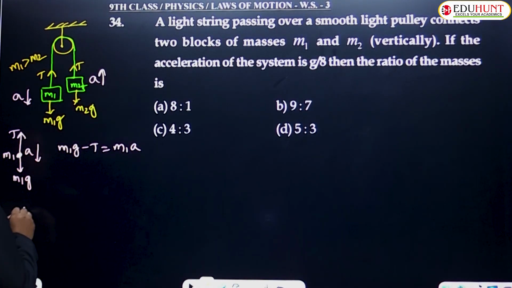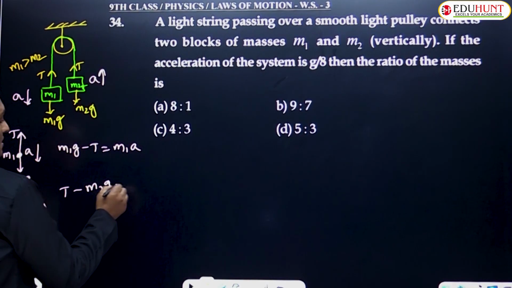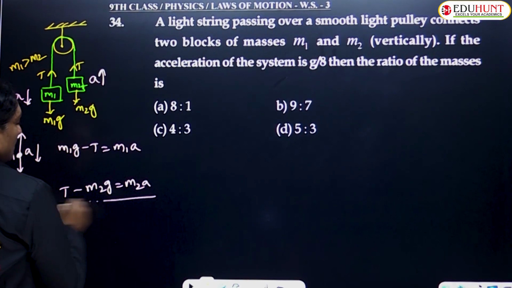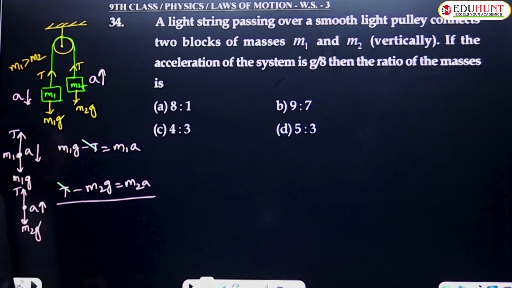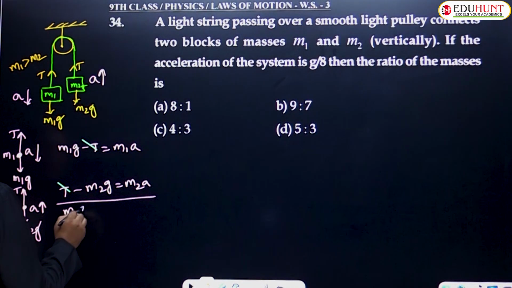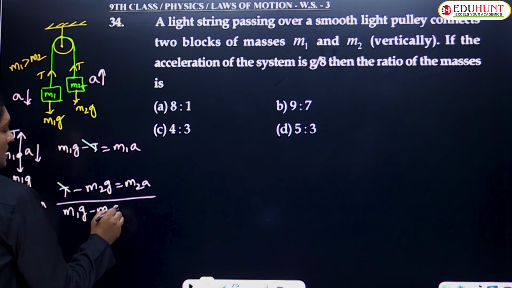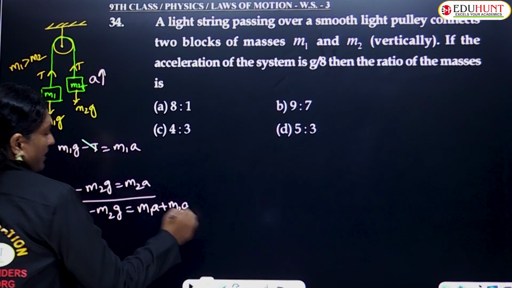For the second case, again draw the free body diagram: m2g is downwards, tension T upwards, and it is accelerating upwards. Now the equation for this is written as T minus m2g equals m2a. Adding the two equations, T gets cancelled, and you are left with m1g minus m2g equals m1a plus m2a.